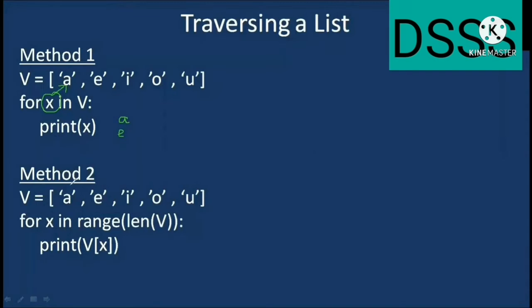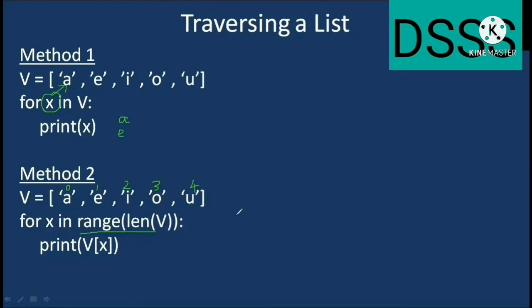Okay, clear? Now what about accessing using indexes? Here we know the index value of a is 0, e is 1, i is 2, o is 3, u is 4.